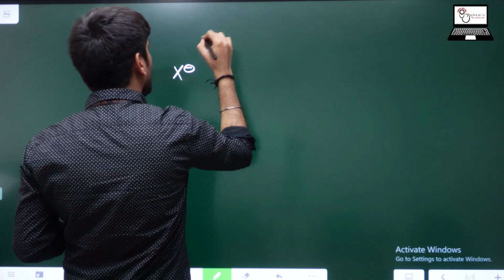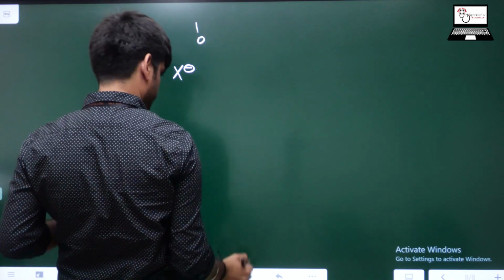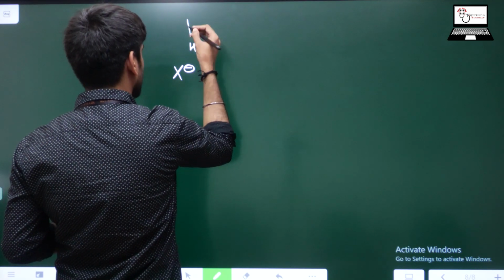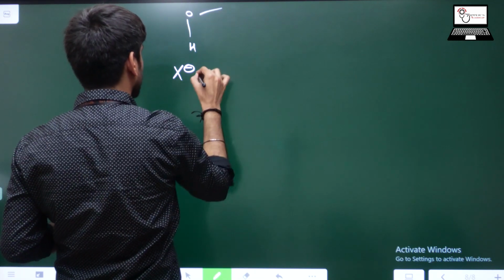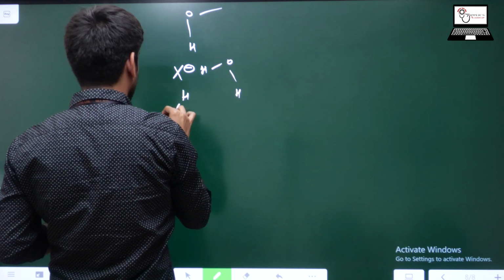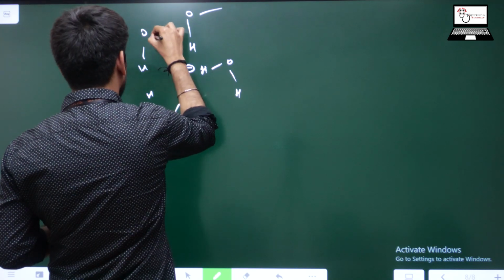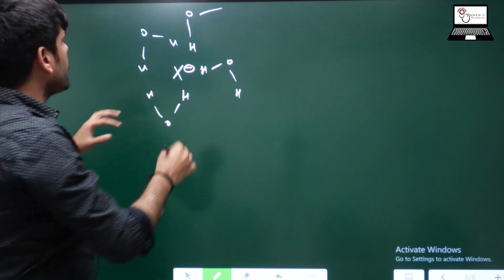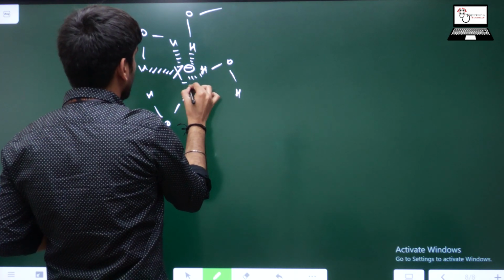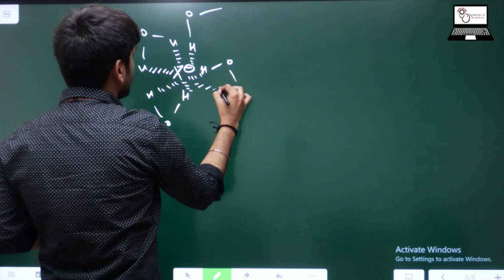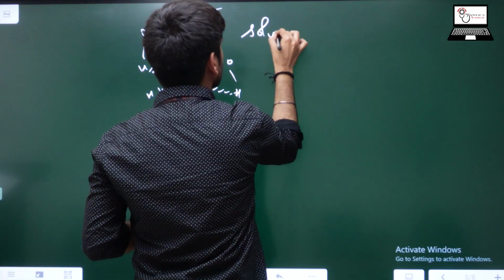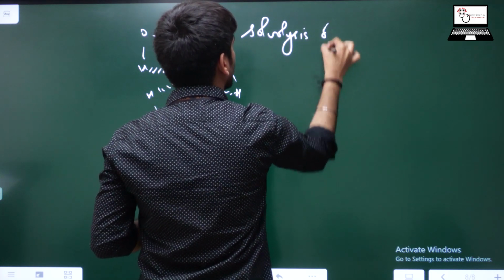So we have water like this. This anion is surrounded by the water molecules, and I say that this anion will undergo solvolysis.